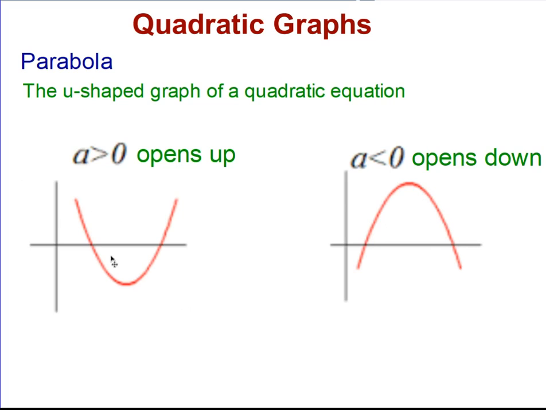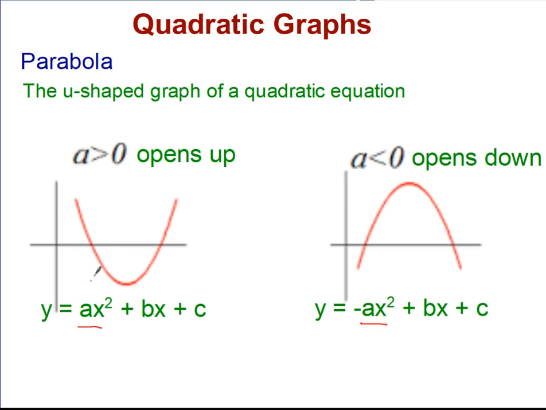And what determines whether a quadratic opens up or down is that leading coefficient, that a, your first number out front. Okay? If your leading coefficient, if a is a positive number, if it's bigger than 0, then your graph opens up. And if it's a negative number, if it's less than 0, then it opens down.